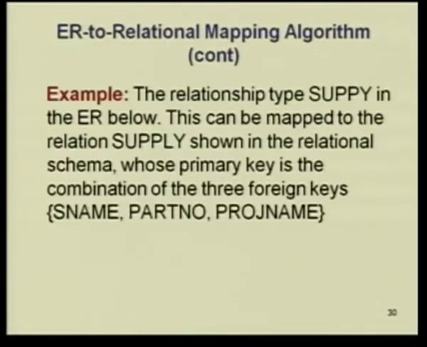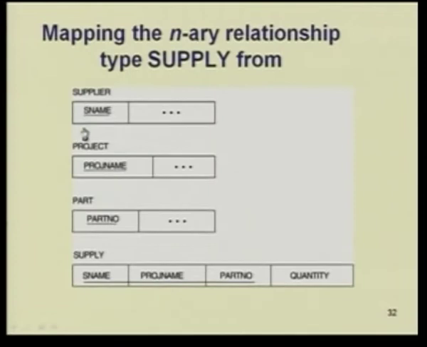Now this can be mapped to the relation supply shown in the relation schema, whose primary key is a combination of the 3 foreign keys. Supply is a new relation which relates supplier, project and part number. The primary keys of all the 3 are added along with the attributes associated with the supply relationship.